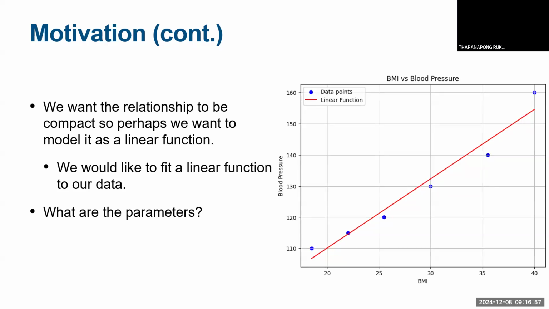So the relationship, we want it really compact. Why do we want it to be compact? Because in the application, when we want to predict something, you don't want to spend a lot of time. A lot of the work is done via training, but the evaluation should be very quick.